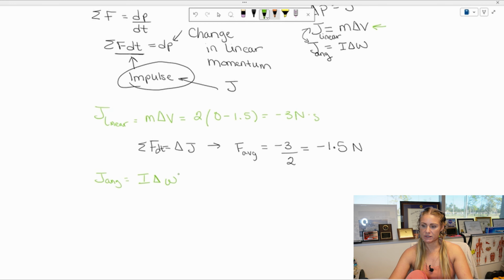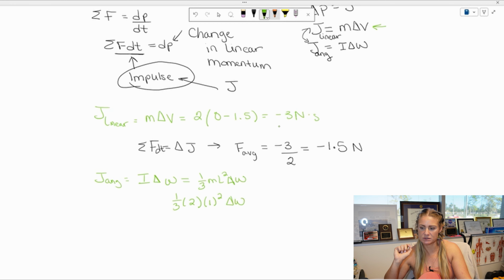So this is going to equal I. Did they give us I before I calculate it? They didn't give us I, but we do know that it is rotating about the end, and they do give us the length of the bar. So it would be 1/3 m l squared, change in omega. The mass they said was 2, and the length is 1 squared, change in omega.